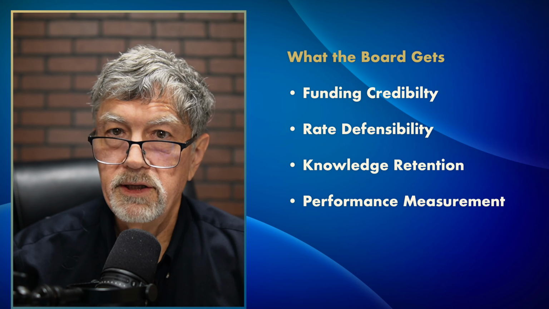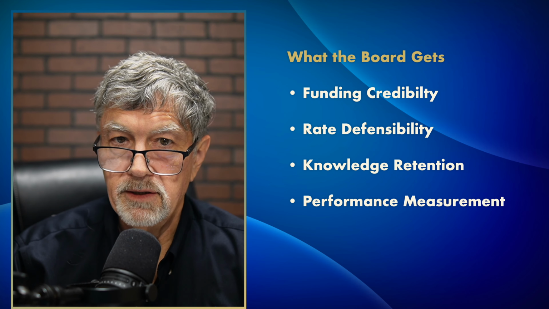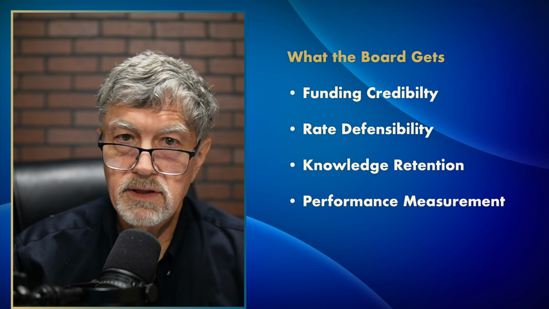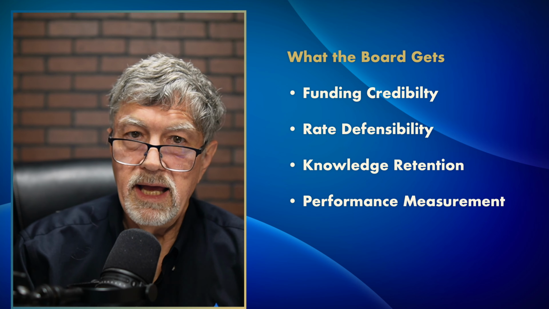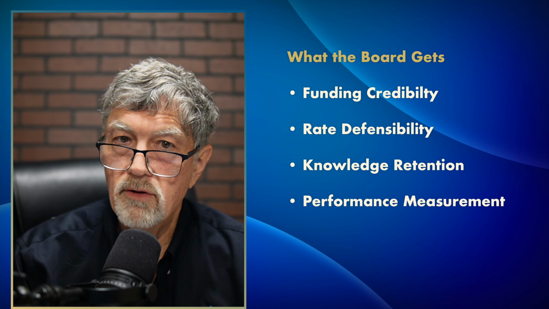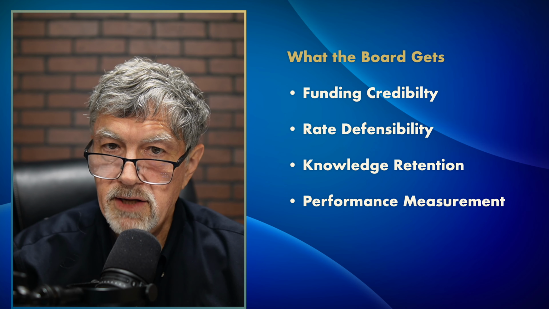So, what does the board get for it? 4 things. Funding credibility. Every state runs a drinking water state revolving fund program, and funding agencies are required to evaluate managerial and financial capacity.